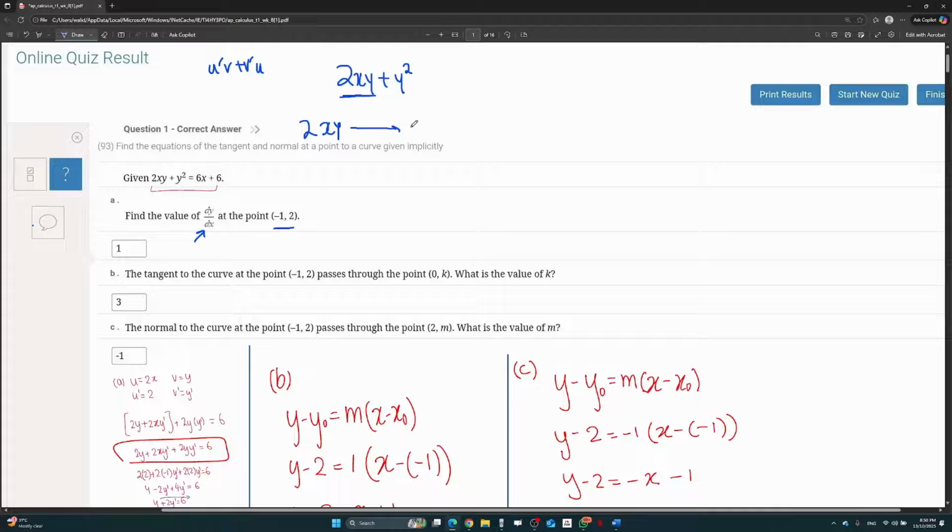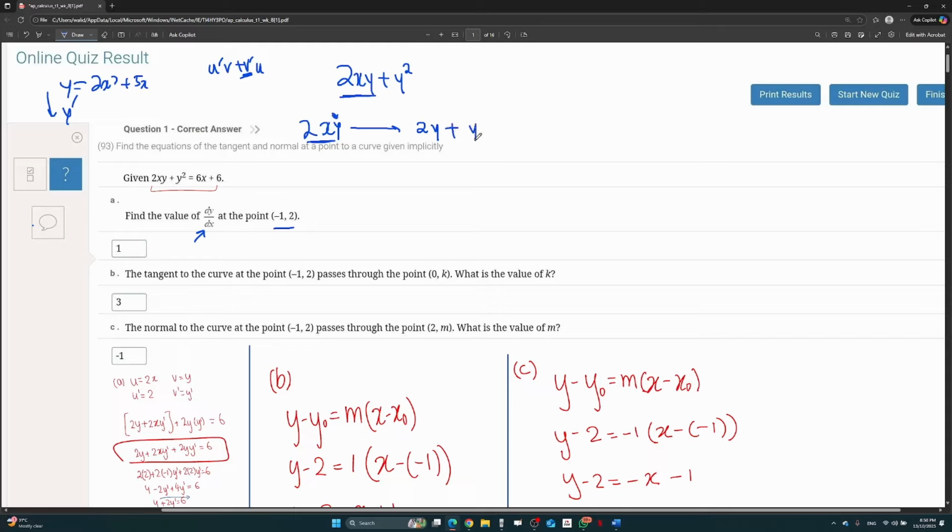What's u prime? What's the derivative of 2x? It's just 2. What's the derivative of y? Which I showed you in the example, y turned into y prime? Exactly. So u prime is 2. V is just y, so it becomes 2y. Plus v prime u. What's v? Y. What's the derivative of y?